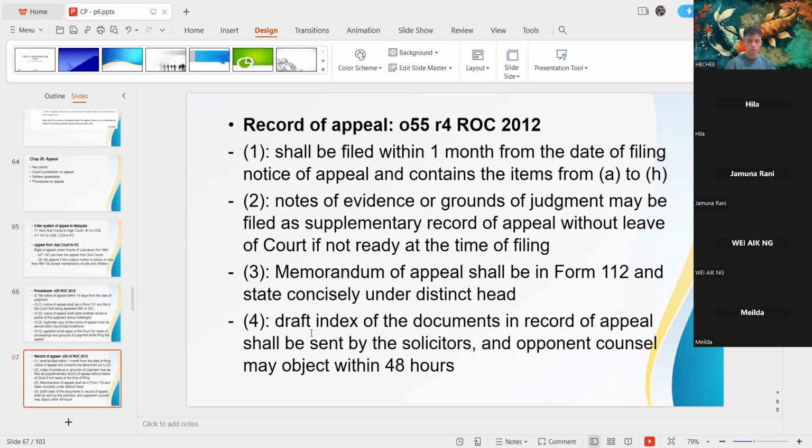The record of appeal is a bundle containing certain documents under Order 55 Rule 4 Sub 1, items Sub A to Sub H, and the notes of evidence, the judgment, and the memorandum of appeal shall be in Form 112 and state concisely under distinct heads.